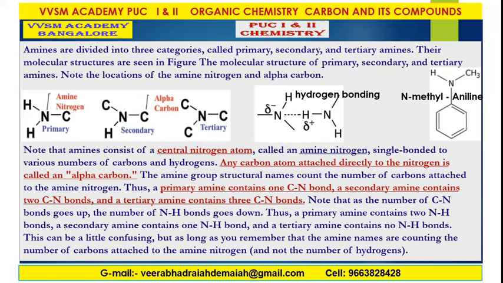Note that as the number of CN bonds goes up, the number of NH bonds goes down, because all the hydrogen atoms are replaceable. Thus, a primary amine contains two NH bonds, a secondary amine contains only one NH bond, and a tertiary amine contains no NH bonds at all.